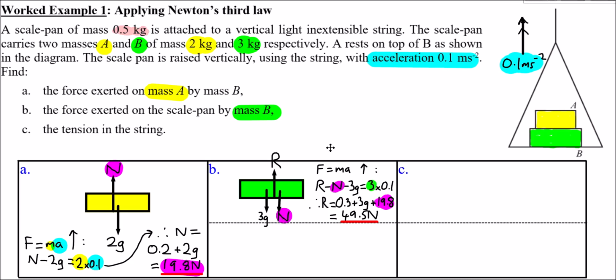So what we're saying here, because the scale pan is pushing up on B with 49.5 newtons, then mass B will push equally hard in the opposite direction back on the scale pan. Every action has an equal and opposite reaction. So because we know Newton's third law, we can say actually this reaction on B from the scale pan will be the same as the reaction on the scale pan from B. So that still is 49.5 newtons.